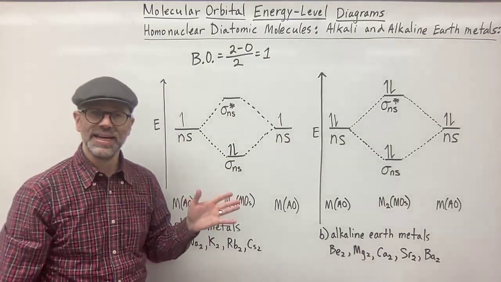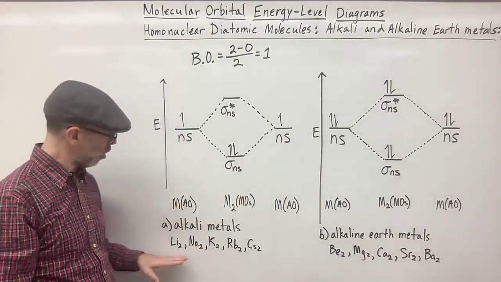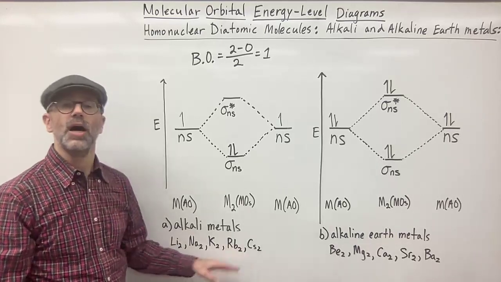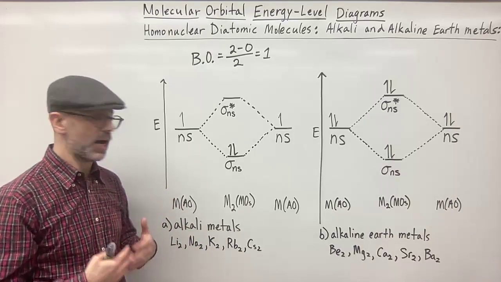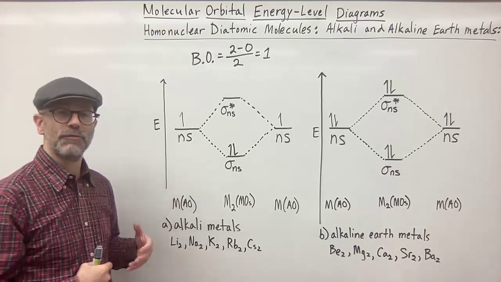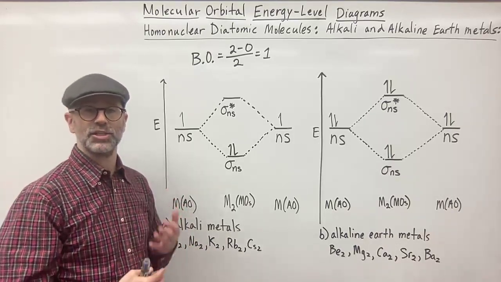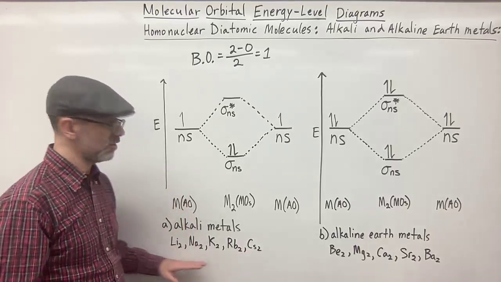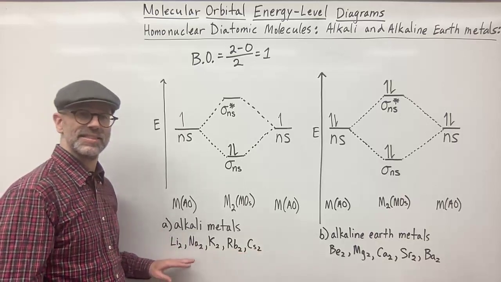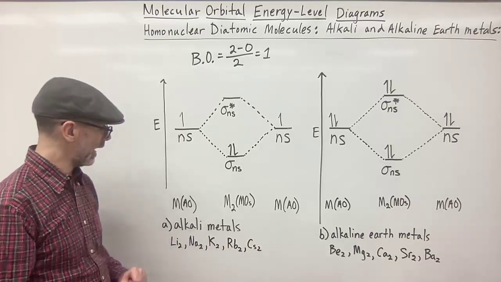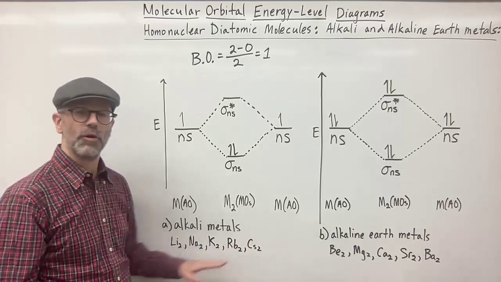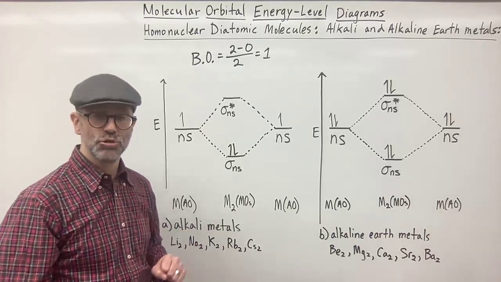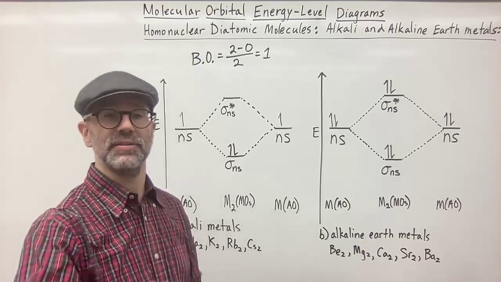So we would expect or predict that all of these, lithium 2, sodium 2, potassium 2, and so on, are going to form a single bond between them. And from our experimentation, from our data, we do see that these all exist in the gas phase, and some of them even might exist in the solution phase as well.